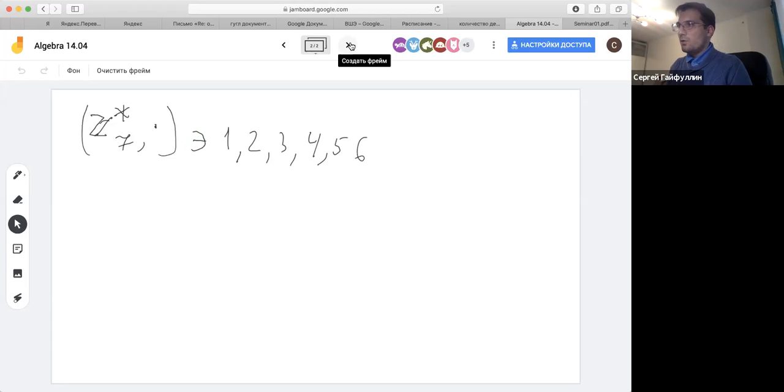There is just no 0; 0 is not in this group. So every element here is invertible, and they form a group altogether. For example, if we have 3, there is an inverse element to 3. Let me think about it. 3x equals 1 modulo 7.